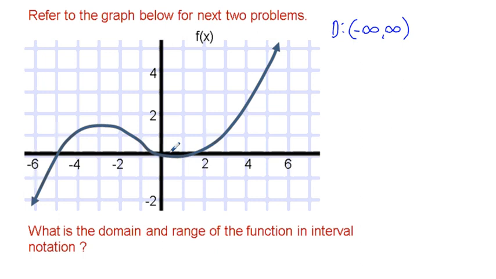And for our range, we have an unbounded function. So our range is going to be the same in this case as our domain. So that would be the answer to this problem.